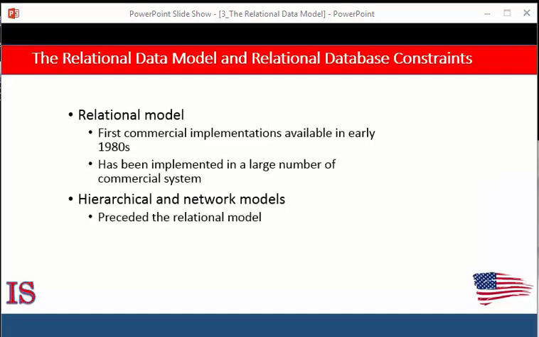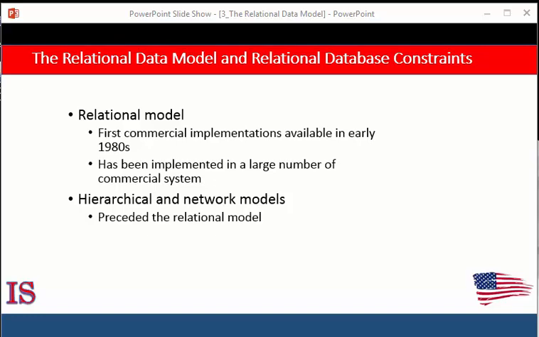The first commercial implementations of the relational model became available in the early 1980s, such as the SQL/DS system by IBM and the Oracle Database Management System. Since then, the model has been implemented in a large number of commercial systems.